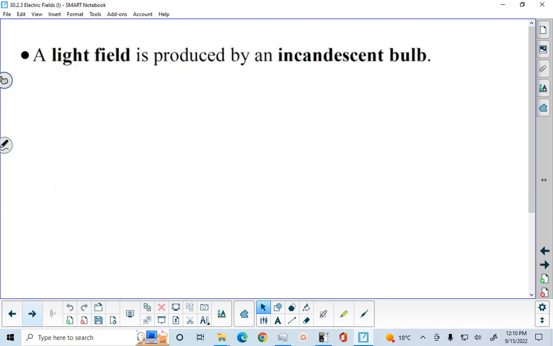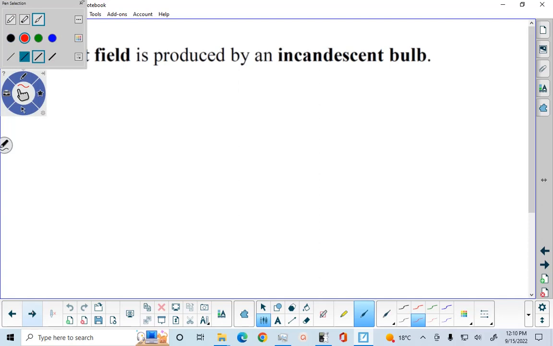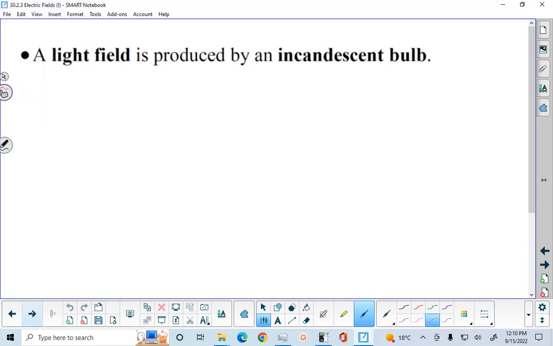Another example would be a light field. An incandescent bulb is an old school light bulb. They're very, very hard to find, but they are very useful in teaching physics. An incandescent bulb is not an LED bulb, it's not a halogen bulb, it's not fluorescent.